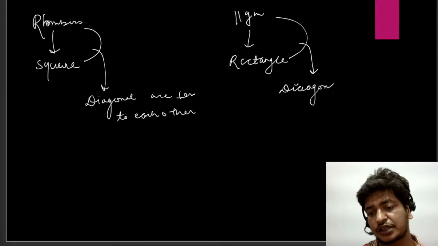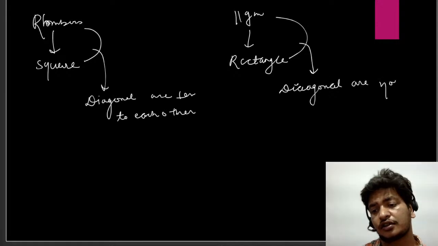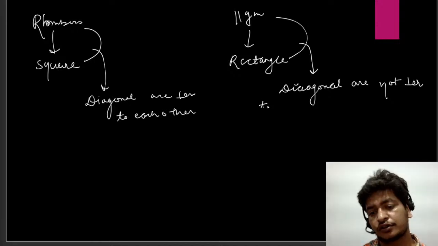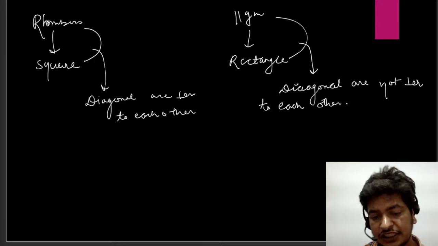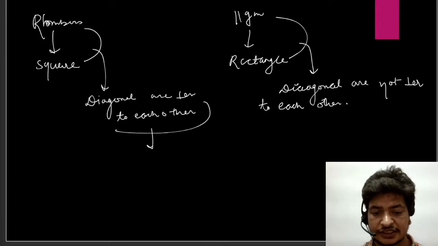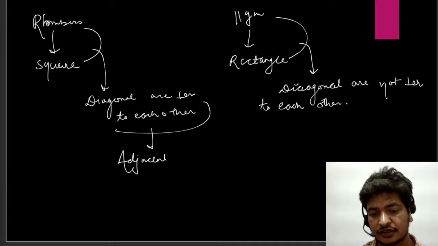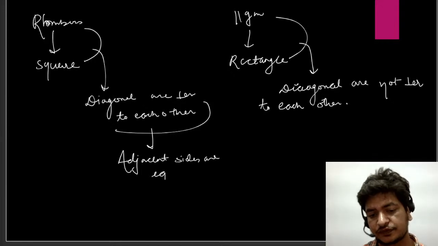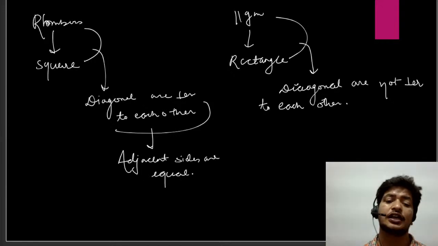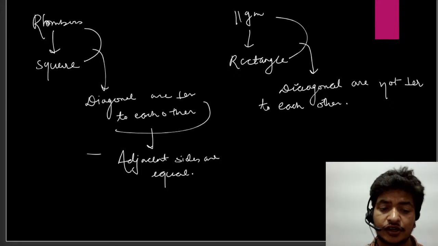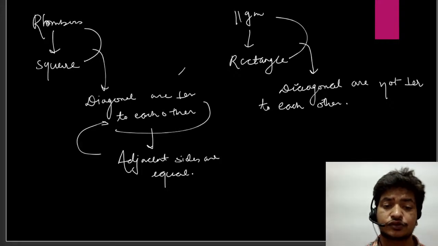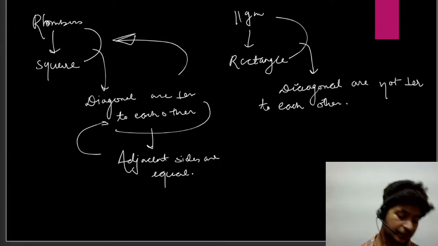So diagonals are not perpendicular to each other. This property is only applicable when adjacent sides are equal. When adjacent sides are equal, then we can say diagonals are perpendicular to each other, and that property only resembles in rhombus and square.